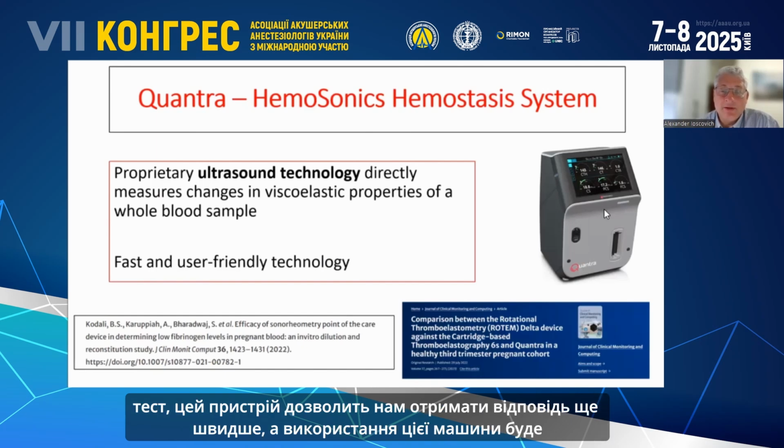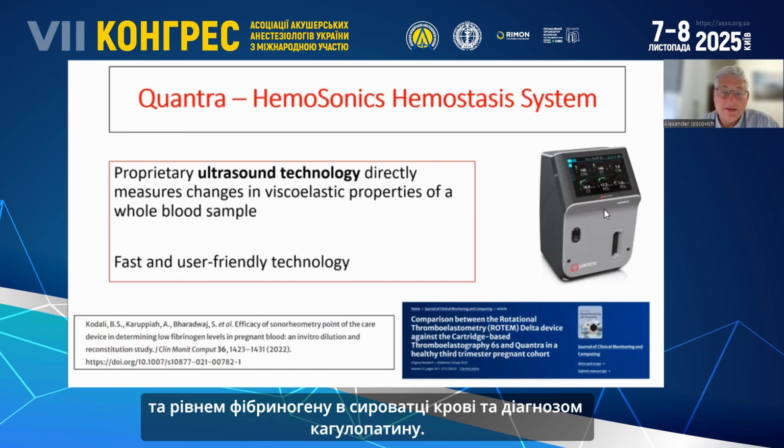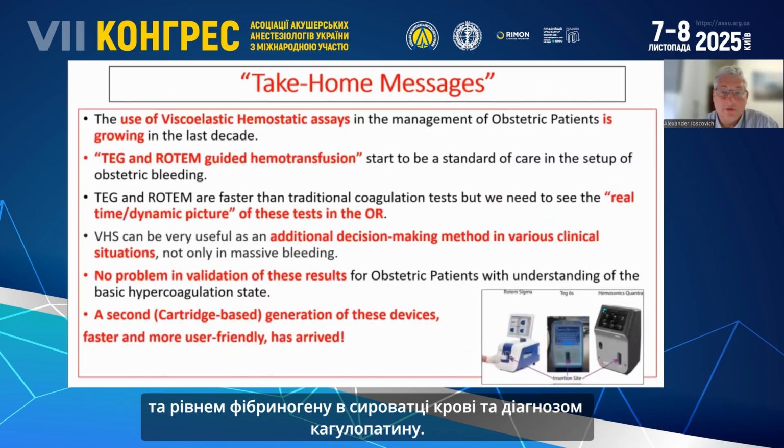This device will allow us to get an answer even faster, and using this machine will be very easy. We can already see studies demonstrating a good correlation between Quantra measurements and serum fibrinogen level and diagnosis of coagulopathy.